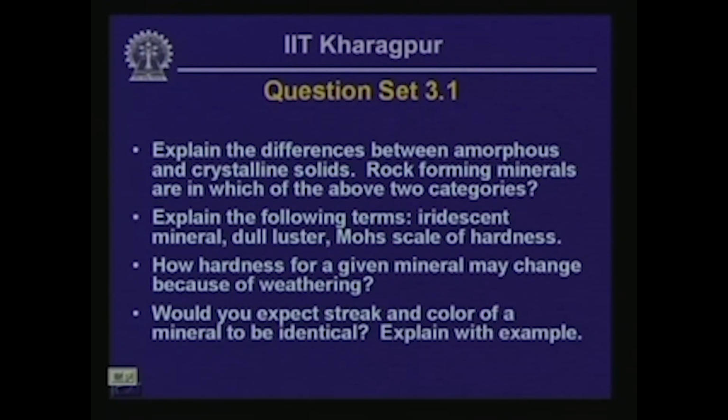Okay, the second question that I asked was for an explanation of a few terms, the first one being iridescent mineral. What is meant by iridescent mineral is that in minerals, oftentimes there are inclusions of refractive inclusions that have a different refractive index compared to the host material.